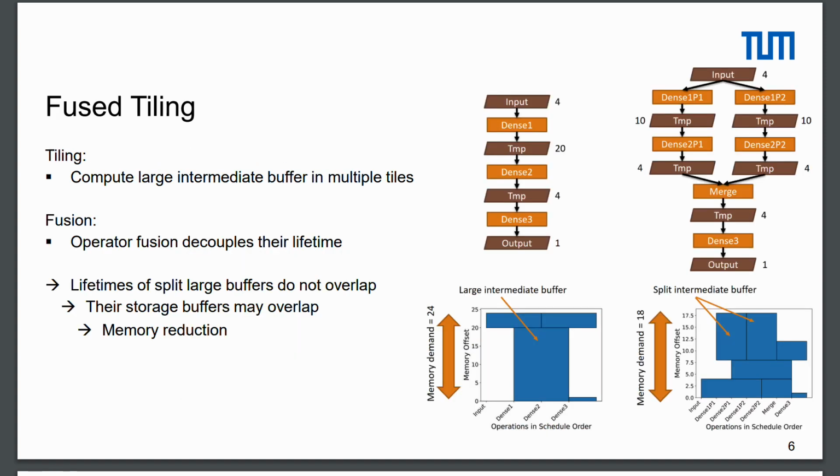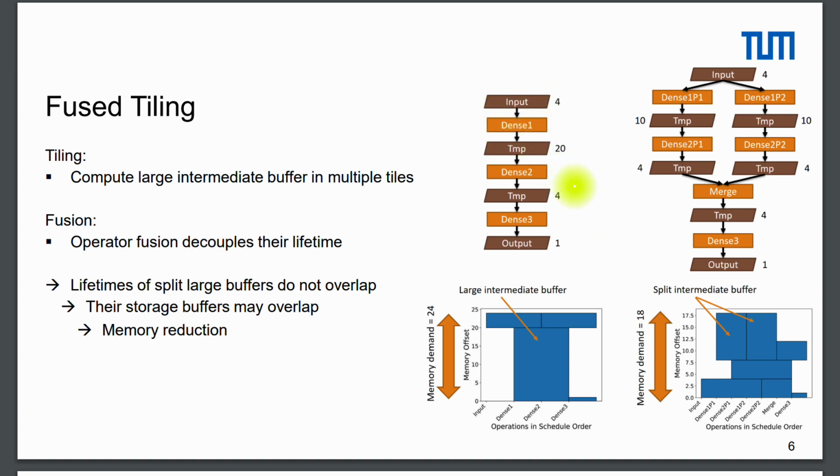But now we wanted to look at how this can be used for memory optimization. That's where this fused tiling comes into play. I wanted to show this on a quick example here, a network showing the intermediate buffers with their size and then the operations between them.